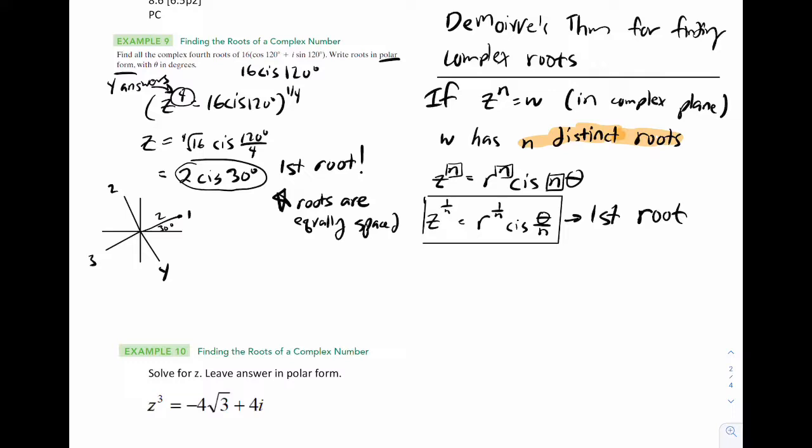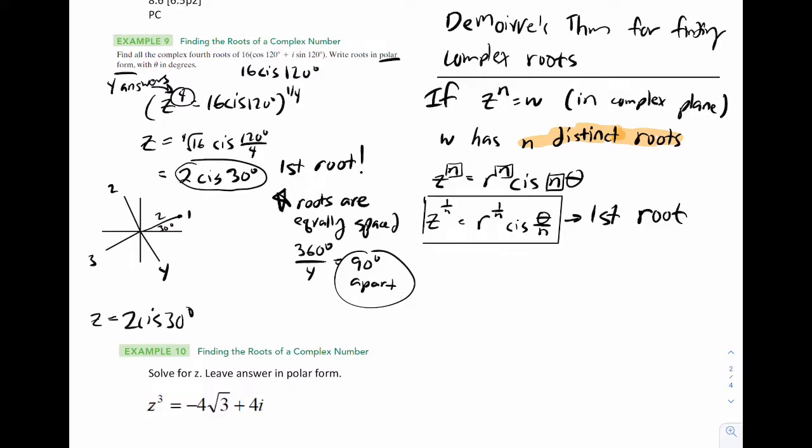If we think about this logically, the full circle is 360 degrees. There are 4 answers, which means the spacing is going to be 90 degrees apart. That's what we're going to use to find the other answers. The first answer, we'll write z equals, was 2 cis 30.